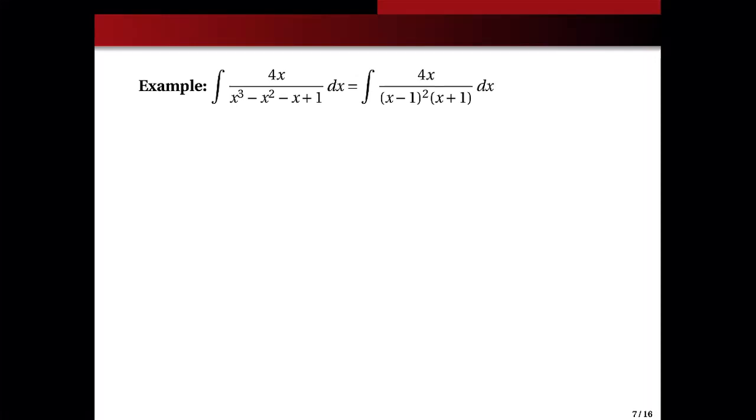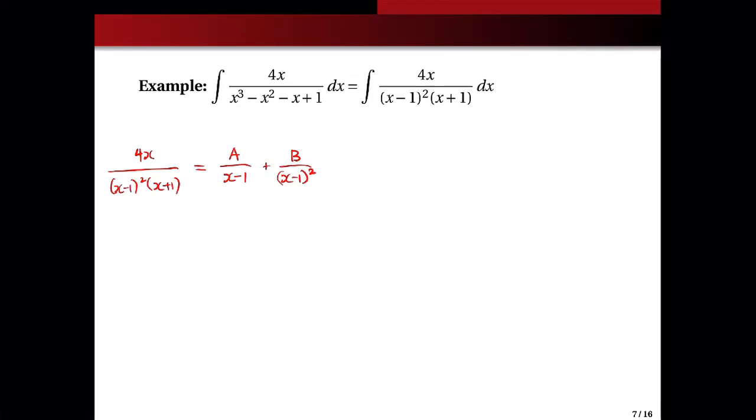So, according to the second case, the rational expression for 4x over x minus 1 squared, x plus 1, you can rewrite this as a over x minus 1 plus b over x minus 1 squared.